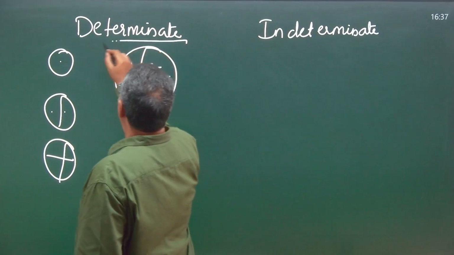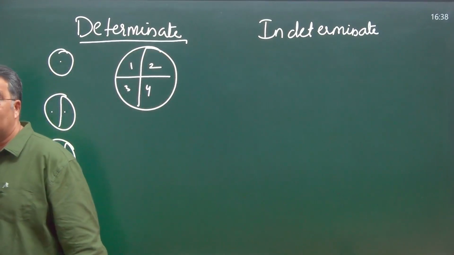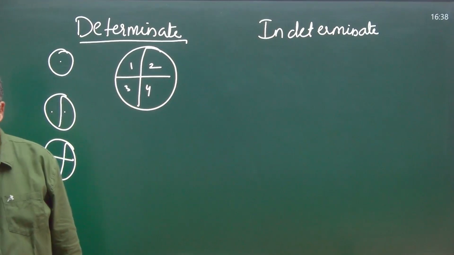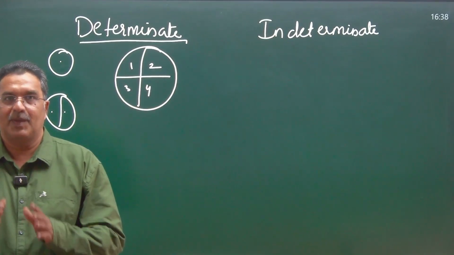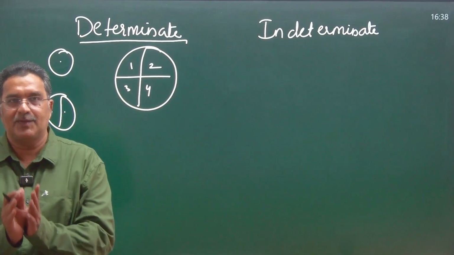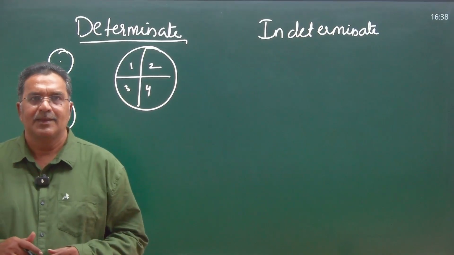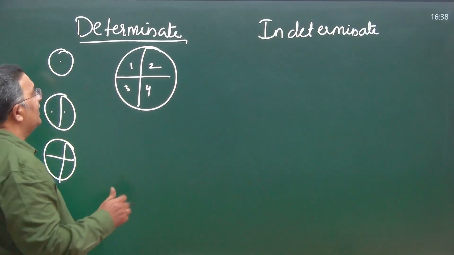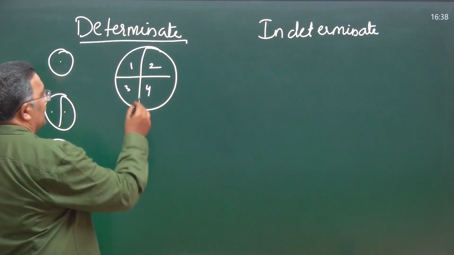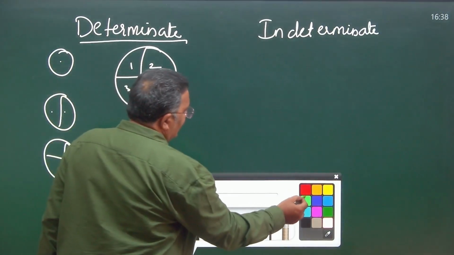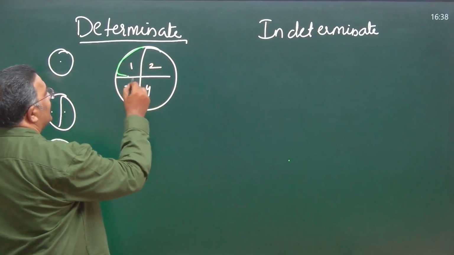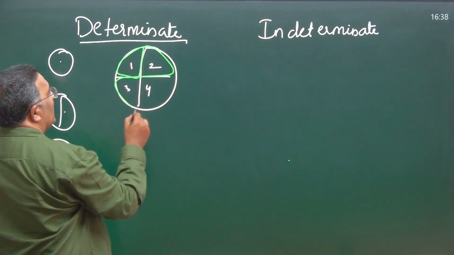So, in this kind of cleavage, determinate. What is the meaning of determination? Dedication. A student after intermediate first year will be determined to become a doctor. In the same way, determinate means dedicated to. Interesting thing here, at this stage itself, the cells will decide what they want to become.